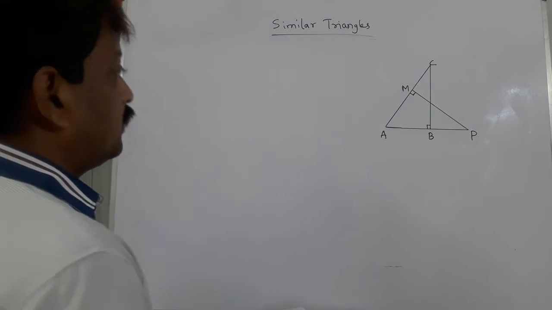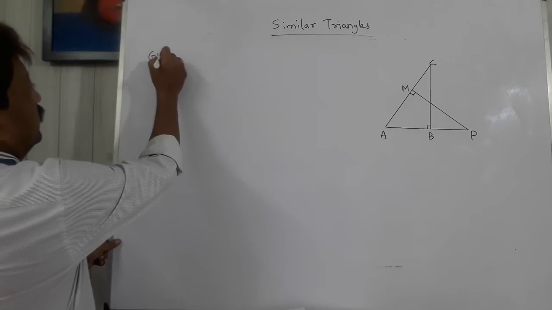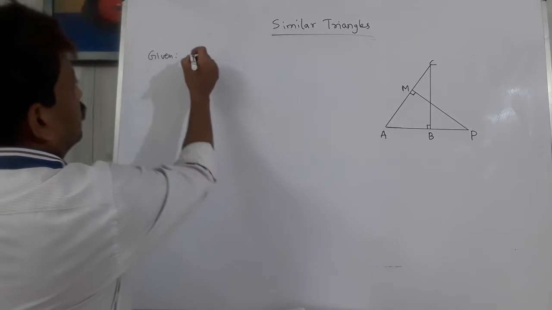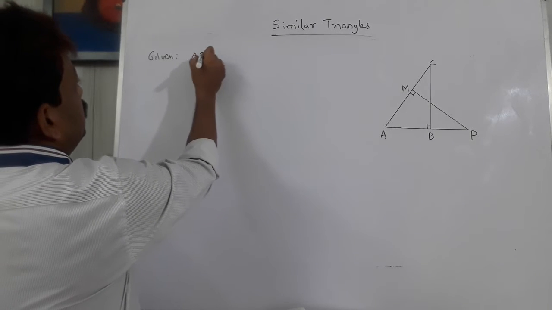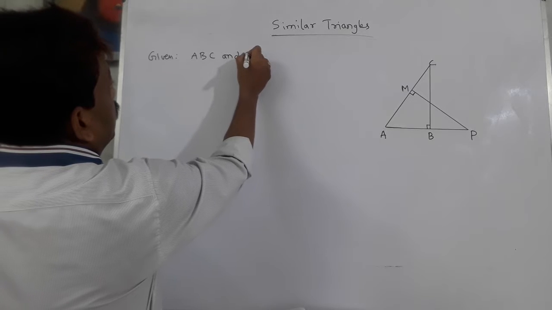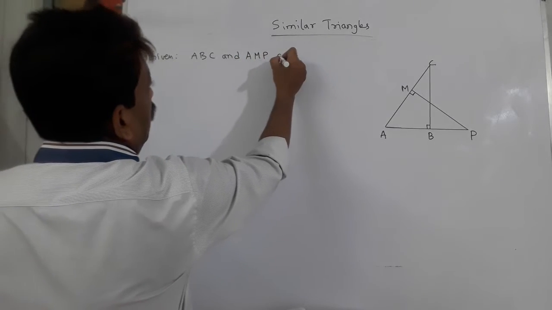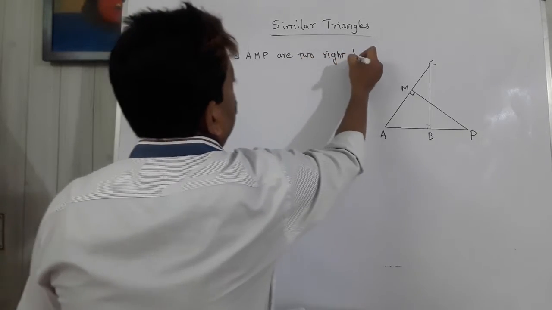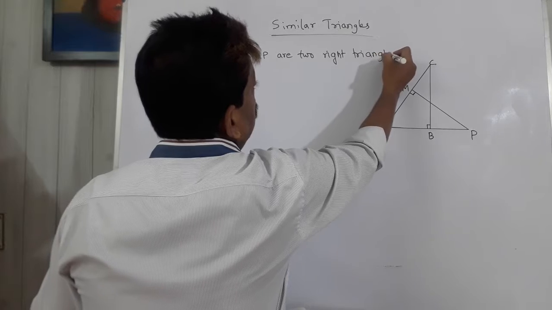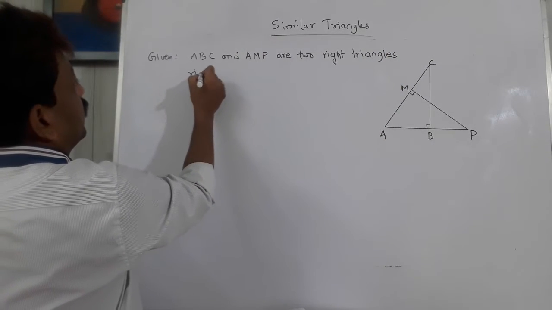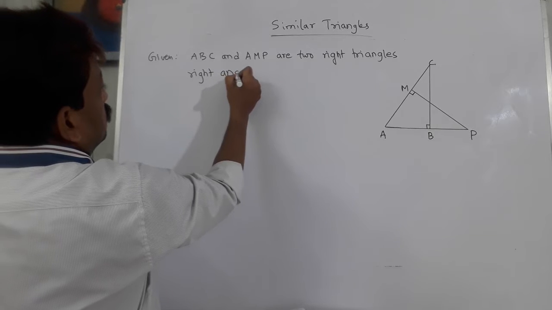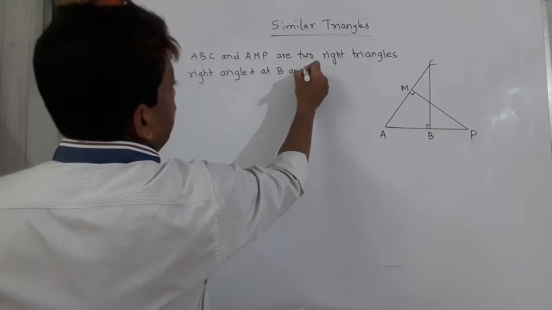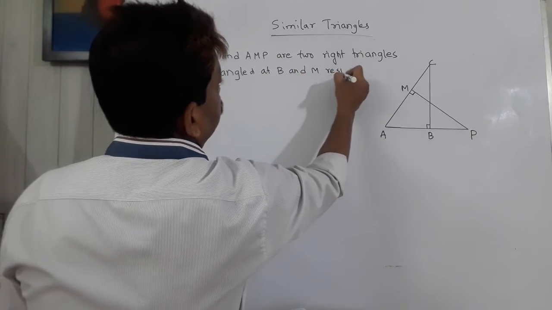First of all, let me write down the things which are given in the question. ABC and AMP are two right triangles, right angled at B and M respectively.